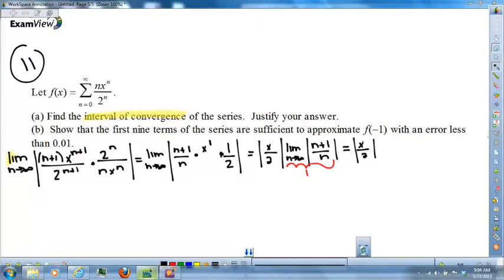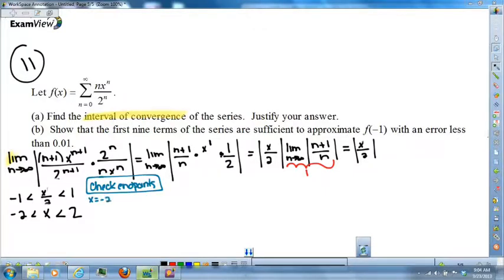Since this is a ratio test, it only converges when it's less than 1. Since it's an absolute value, we put it between negative 1 and 1. So my ratio converges between negative 2 and 2. Now I have to check my endpoints to see if they converge. When x equals negative 2, if I substitute that into my series and do a little bit of algebra to simplify, notice that the two n's are going to cancel, and we're left with n times negative 1 to the n.